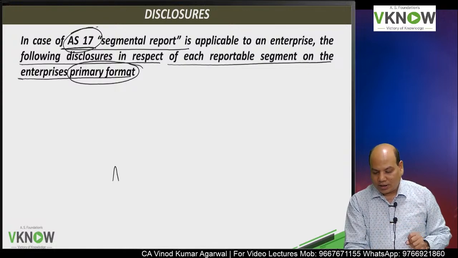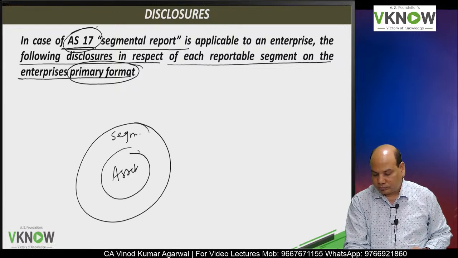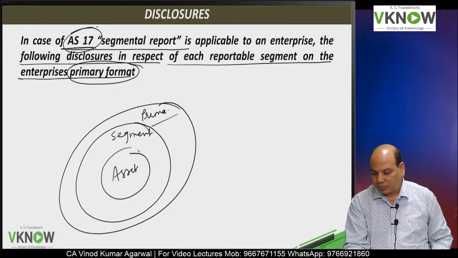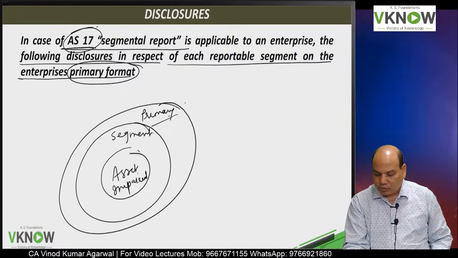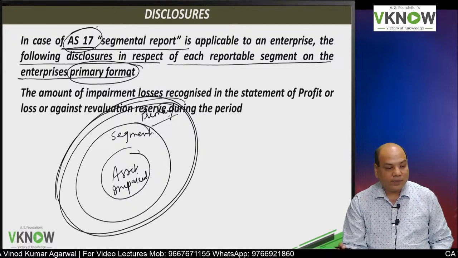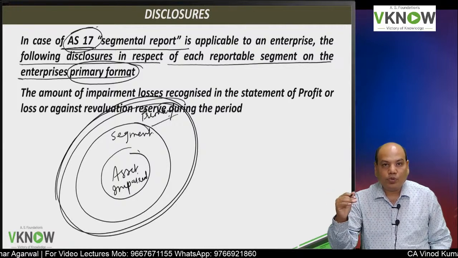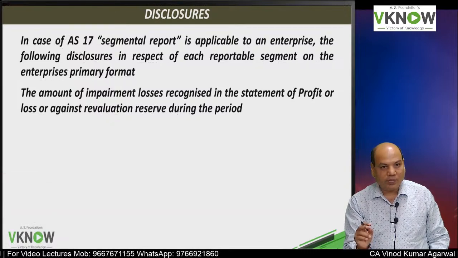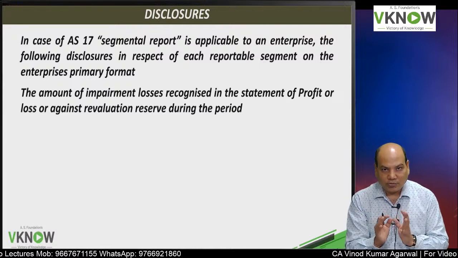So if an asset belongs to a segment which is a primary segment, and this asset is impaired, then you have to make the following disclosures so that even the segment report can give more important information to the user. Those who are reading the segment report will also benefit if the asset of a particular segment has been impaired.